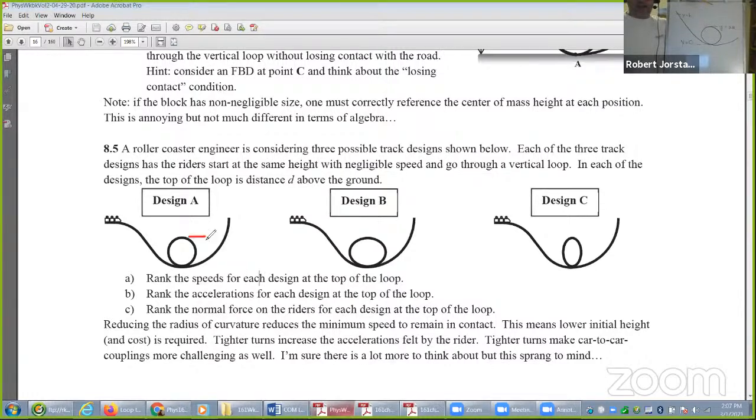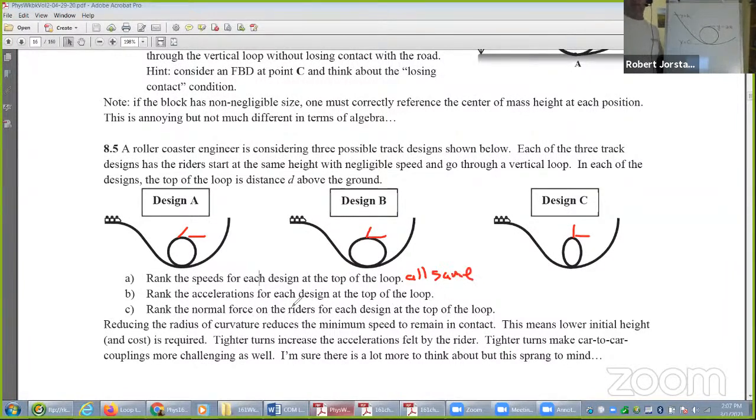We've got design A, B, and C. Which of those loops has the greatest speed at the top? Again, ignore friction and all that. Are they all the same? All the same. We know that each one of these has the same height, and that determines the speed. It's a lot like the high road, low road problem we just did. So all the same. Nice.